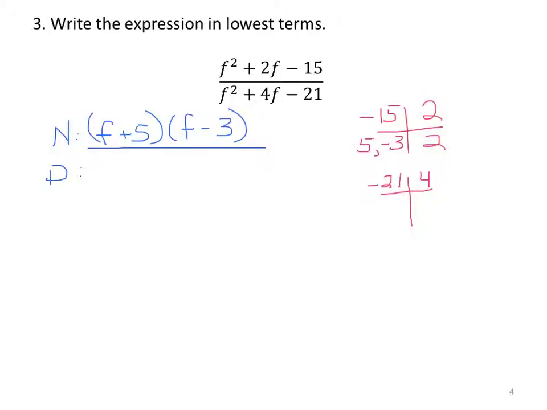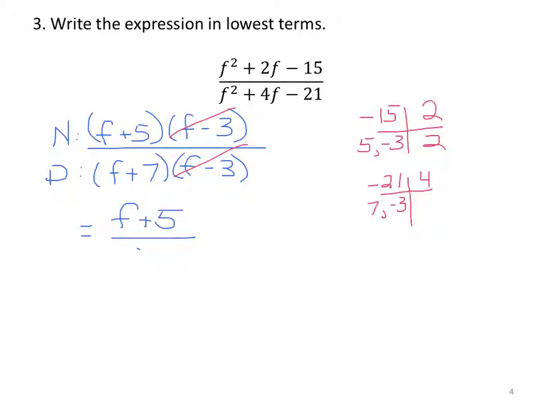Your end result has to add to give us a positive number, so you want your largest number again to be positive, so those are our two numbers. So we can simply go to the denominator and write f plus 7 and f minus 3. We factored our numerators and denominators. Now we can cancel, and the f minus 3's cancel, so we're left with f plus 5 over f plus 7.